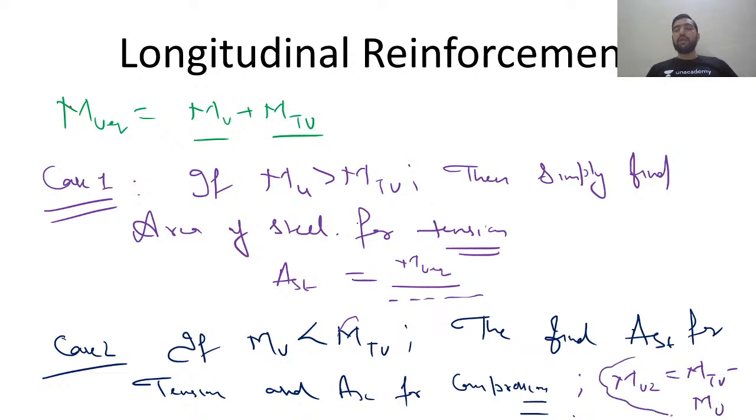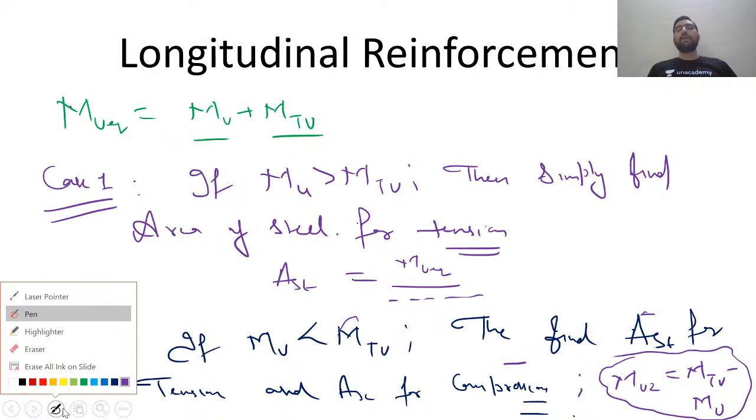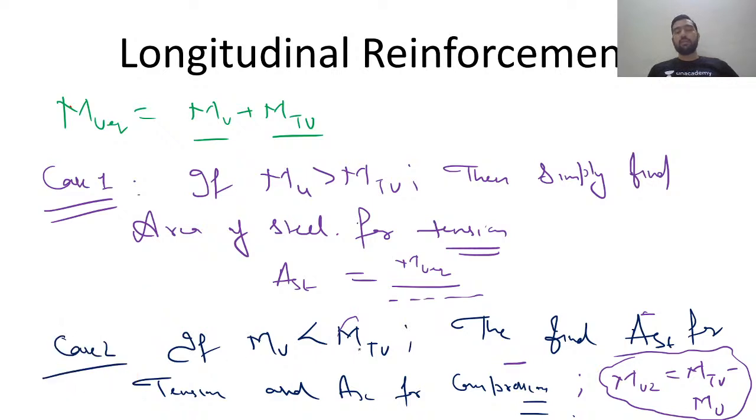Now I will design my area of steel as well as my area of steel for compression. So now I have to provide area of steel for the compression side as well as for the tensile side. So just listen, my dear friends.